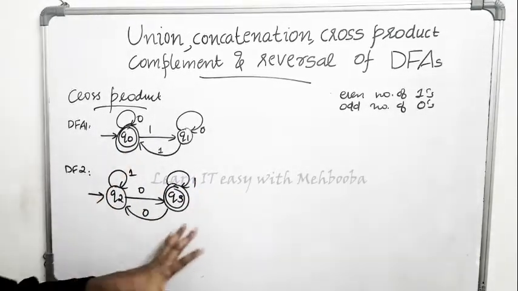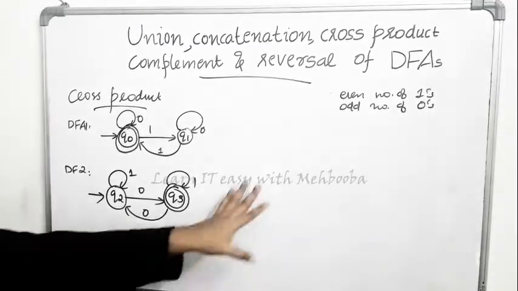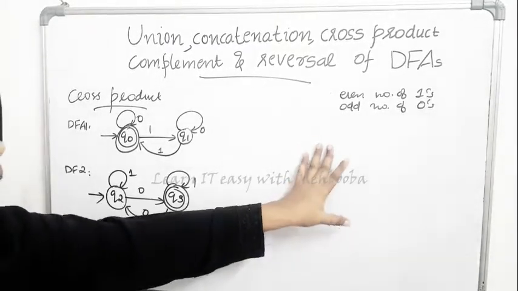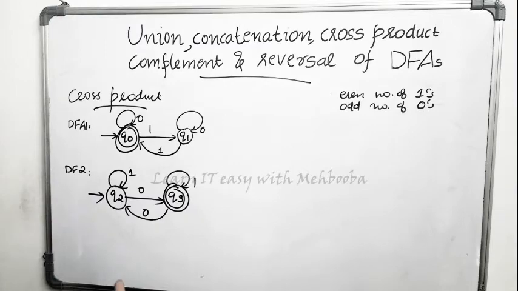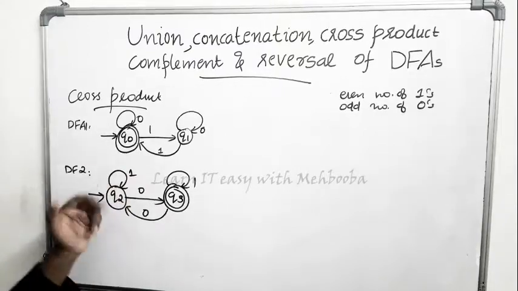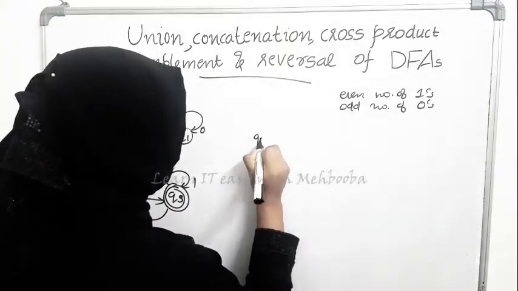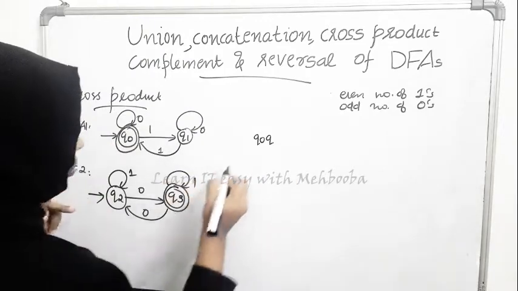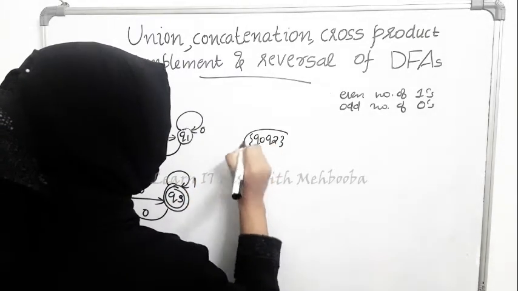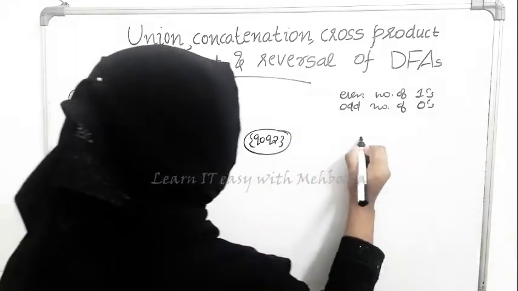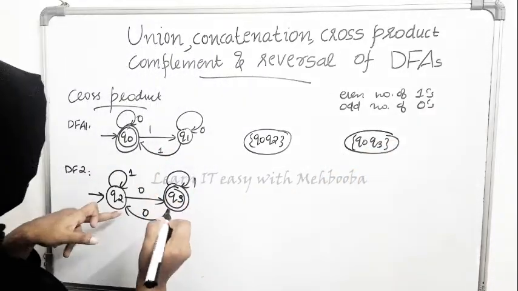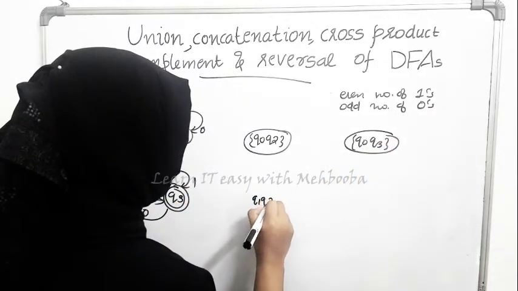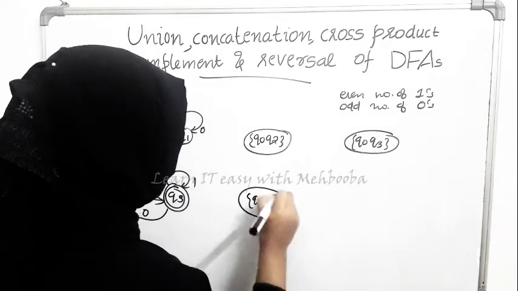Okay, now we have to take the Cartesian product to get a DFA accepting even number of ones and odd number of zeros. So to get the cross product, you have to take the Cartesian product of the states of both the DFAs. So Q0, Q2; Q0, Q3; Q1, Q2; Q1, Q3.